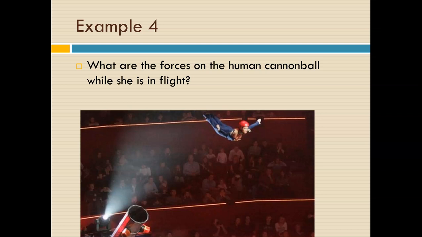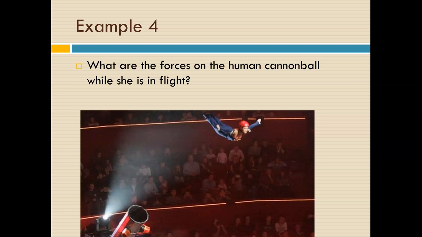Thrust. Provided by what? She is the cannonball. The cannon. Thrust provided by the cannon. Is she in contact with the cannon? Then how is the cannon providing thrust? It's a serious question, because here's the thing.